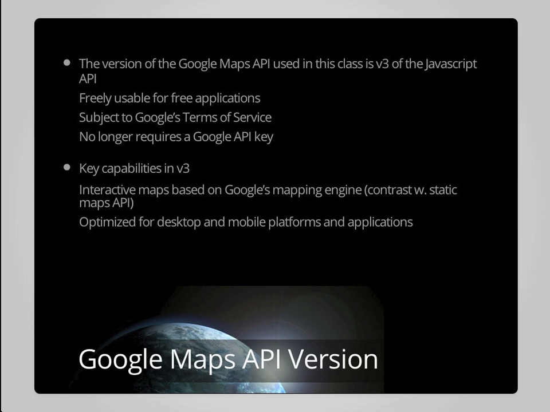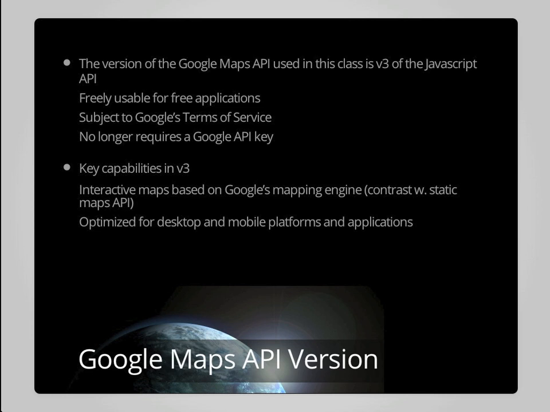So for this class, we are working with version 3.0 of Google's JavaScript API. Google also provides several other APIs, but we will be using their JavaScript API. If you'd like to learn more, you can go to Google's site and look at some of the other APIs to get information about those.